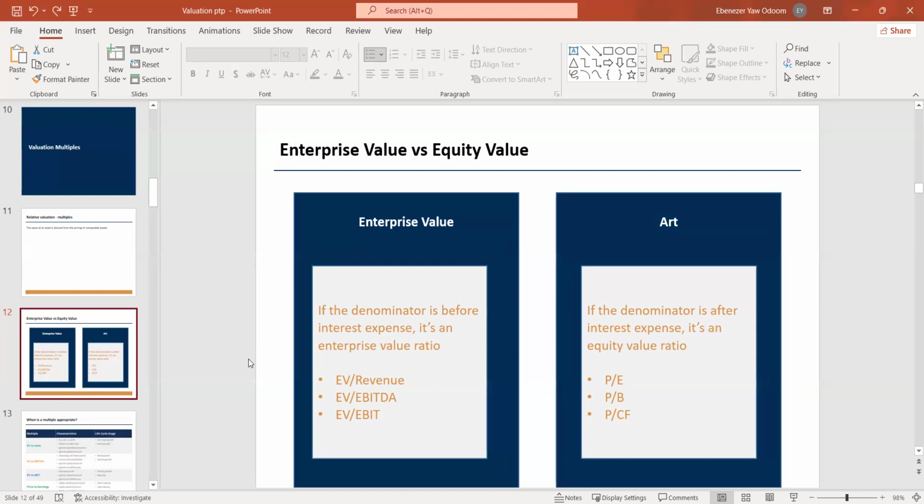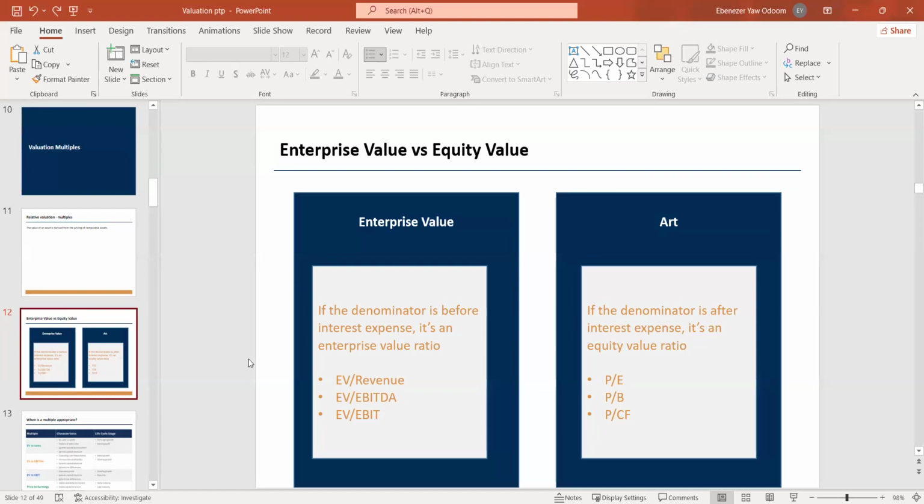You know EBIT is earnings before interest and tax, and EBITDA is earnings before interest, tax, depreciation, and amortization. So if the denominator is before the interest expense, then you can say it is an enterprise value ratio. On the other hand, if the denominator is after, you say it's an equity value ratio.